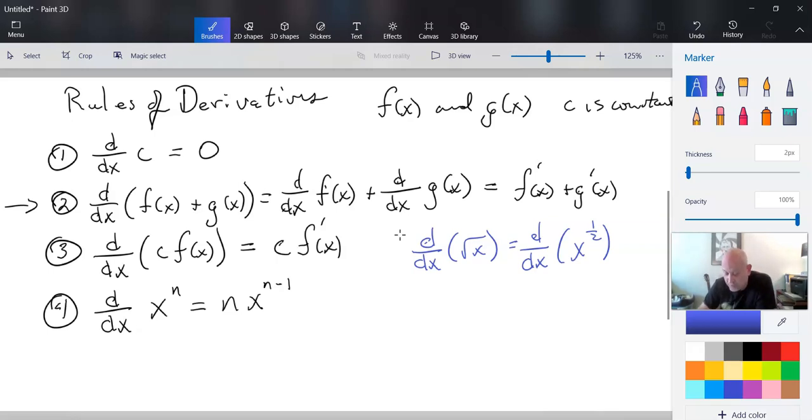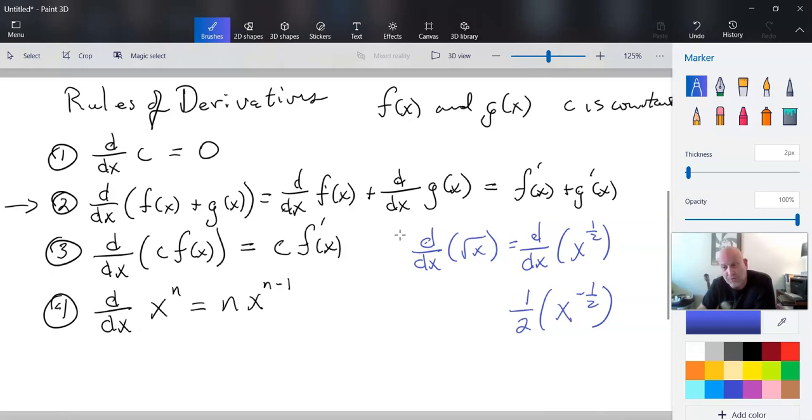Now we can apply the power rule, right? Because this is a power function, that means I take the exponent and put it out front, and I'm going to multiply that by x, and then I'm going to reduce the power by 1. Now it's at 1/2. If I take 1/2 and subtract 1, I get negative 1/2. Okay. Now, that's a correct answer, but we typically don't use negative exponents in our final answer, and we usually rewrite things back in the form we got them in.